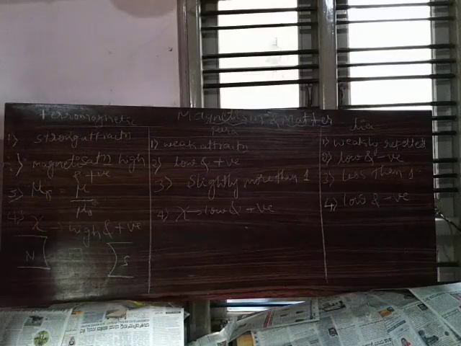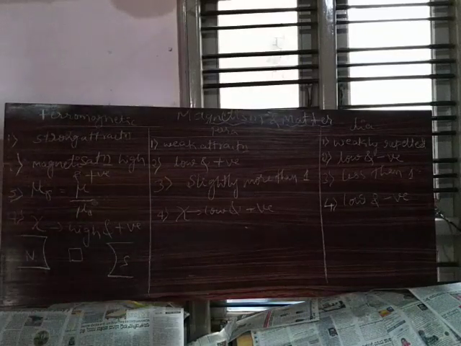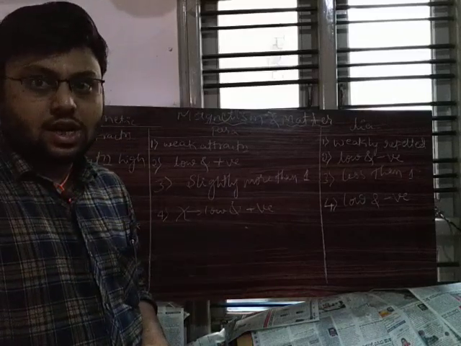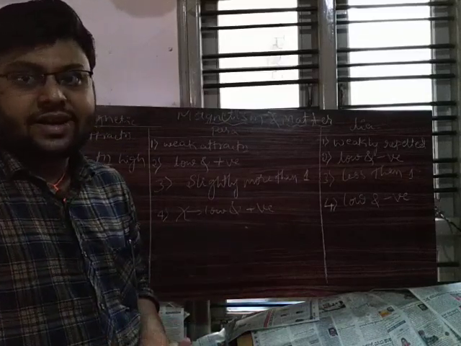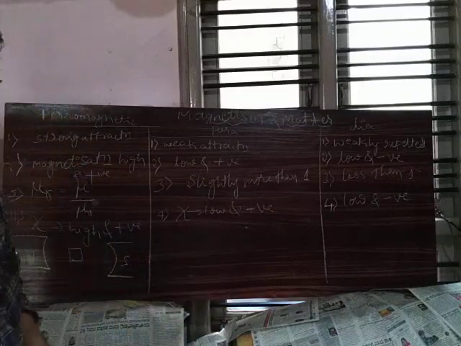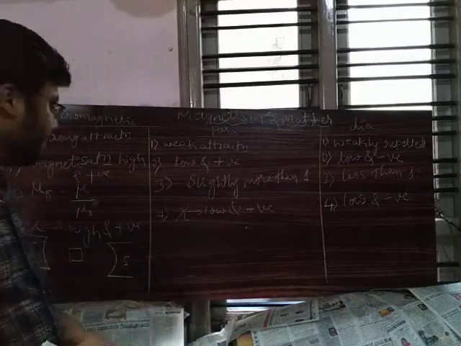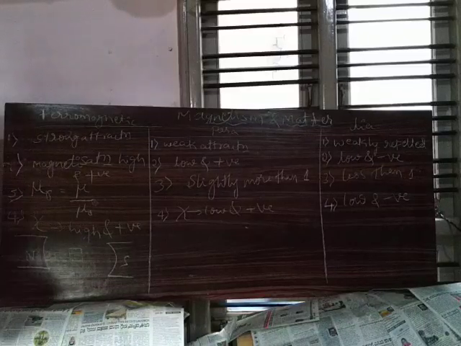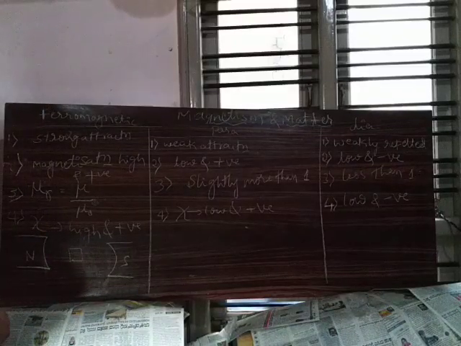Means all the field lines like to pass through the ferromagnetic material comparatively with the air medium or free space, right? So here around this ferromagnetic material we have the air medium or free space.